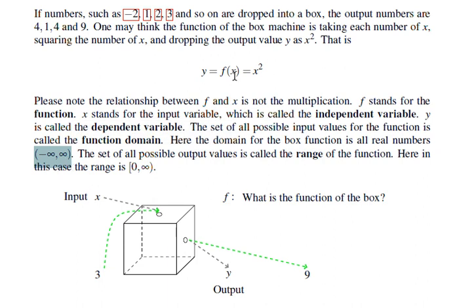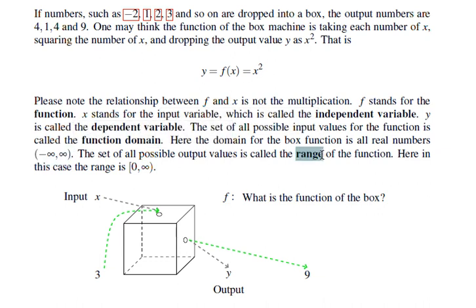For example, you can put 100 here, and then you get 100 squared. You can also put negative 9 here, and you get negative 9 squared, which is 81, positive. So here the function domain is all the real numbers.